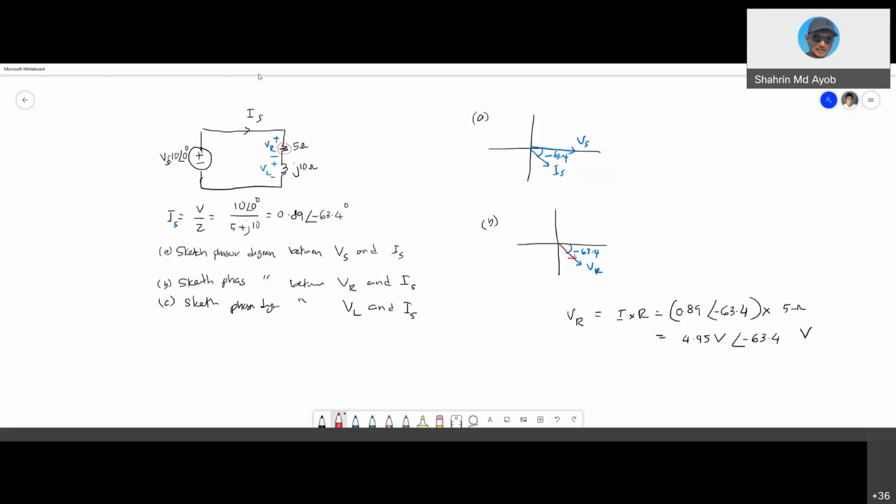The voltage and current across a resistor are in phase, which is the same as what we have learned before. There is no phase difference. It's in phase.